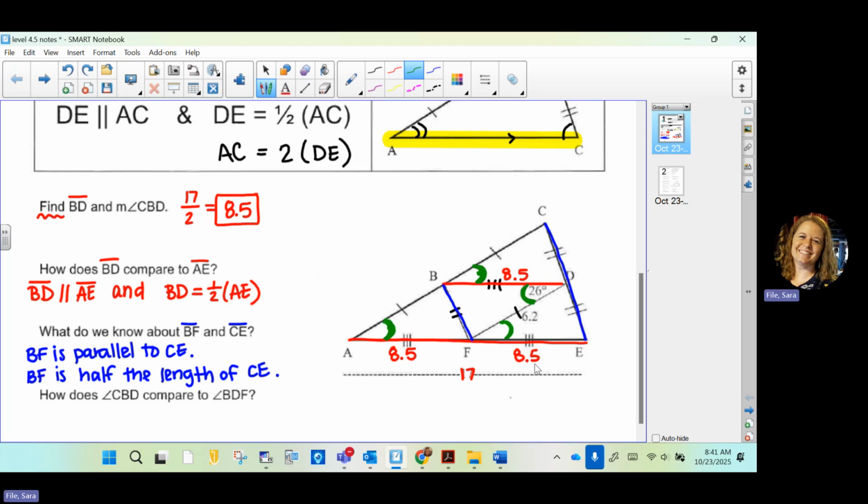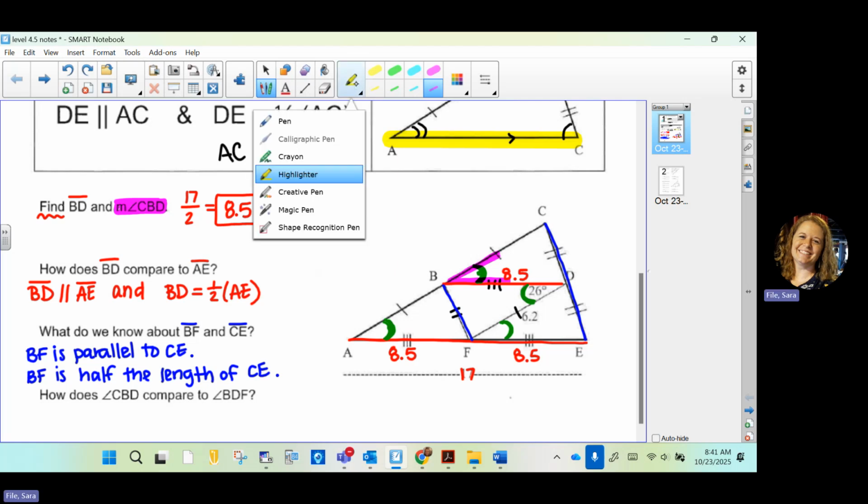Okay, so this question up here asked about angle CBD. I'm going to leave the highlighting I do now because it's asking specifically about this angle. So C to B to D is this angle here. And that's one we marked 26, isn't it? So that's 26.